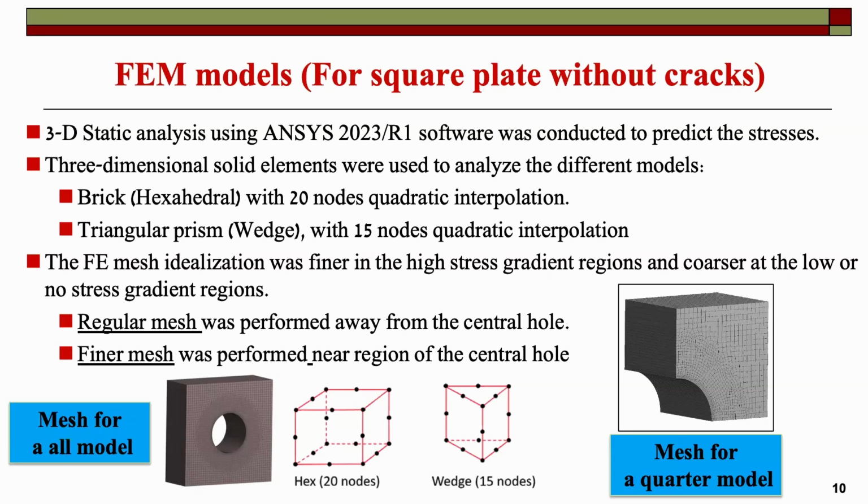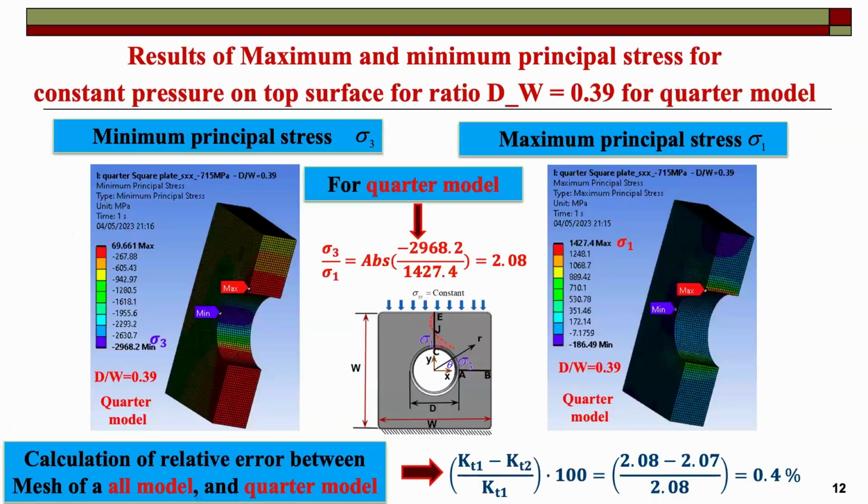So we see here a quarter of the model, because we have symmetry in the loading, geometry, and boundary conditions. This is just one example, to calculate in a quarter model.